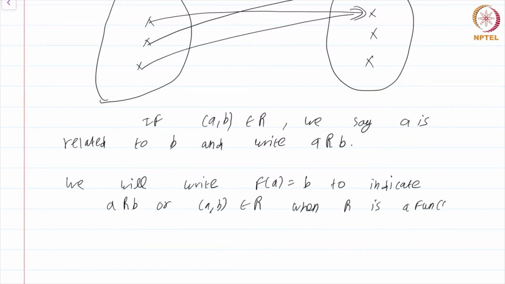So when we have a relation that is a function, we throw away the relation notation and simply write f of a equal to b. The idea is that f acts on a and somehow transforms it into the element b.